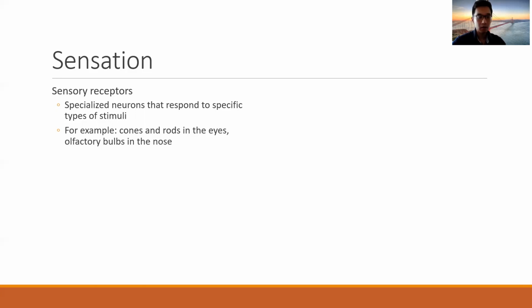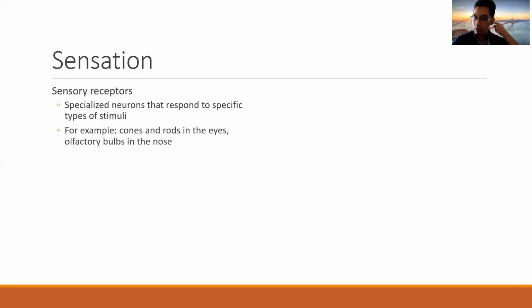There is not only one kind of neuron in the brain, and there are other kinds of very specialized neurons that respond to specific types of stimuli in the environment. Those specialized neurons can transform those stimuli into information inside the neural system.